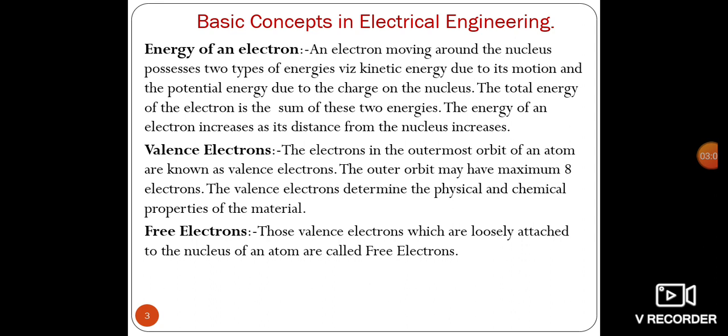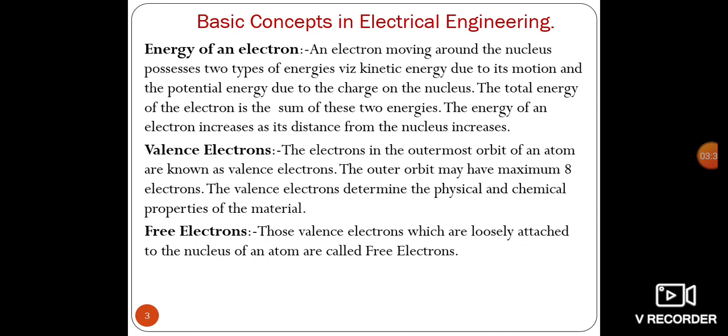So, whatever the electrons are there near the nucleus, they are at the lower energy state and they are more and more stable. Whereas the electrons in the outermost orbits are highly unstable and they are at higher potential, or they have the higher amount of energy, and because of which they are easily liable to become free electrons.